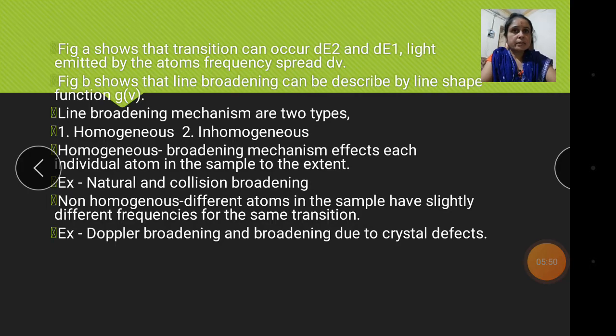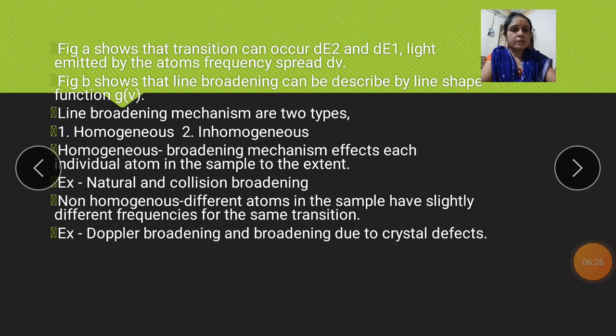For example, Doppler broadening and broadening due to crystal defects are the most popular examples of inhomogeneous broadening. So in this way we have discussed the line broadening mechanism, and how absorption and emission take place in the form of energy.